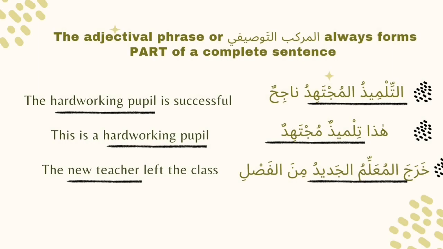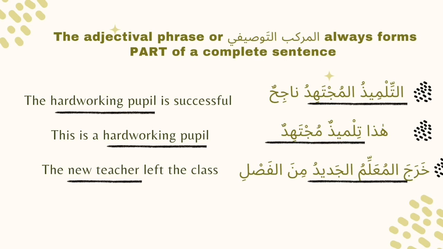The adjectival phrase or al-murakkab al-tawsifi always forms part of a complete sentence as we are under the chapter of al-murakkab al-naqis. In the first example, we can see at-tilmidu al-mujtahidu najihun. The hard-working pupil is successful.